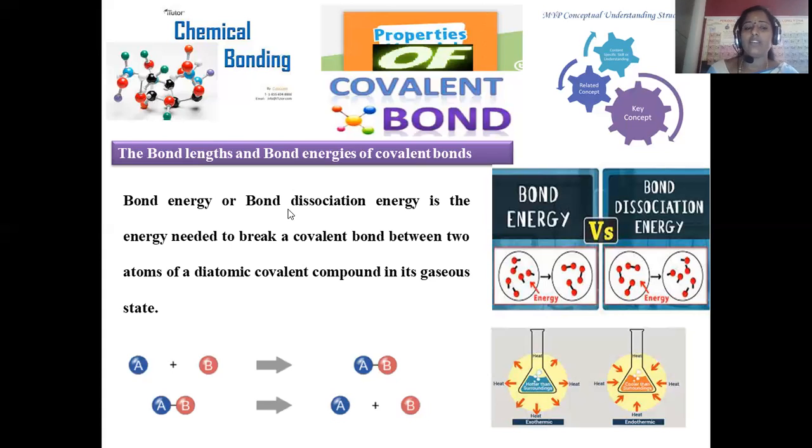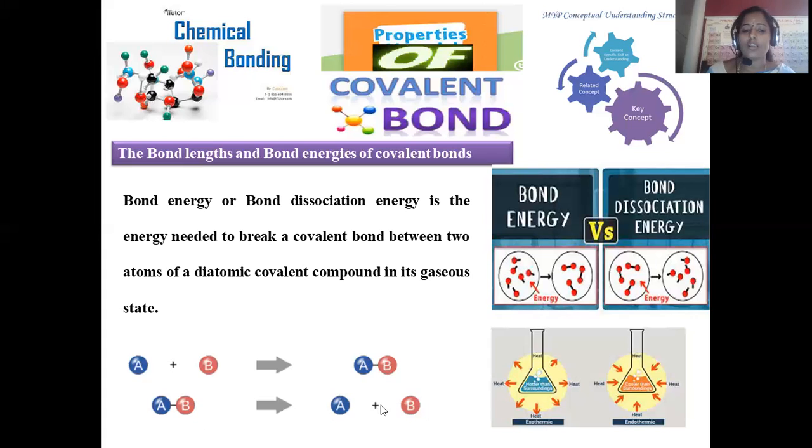Bond energy, alternatively known as bond dissociation energy, is the energy needed to break a covalent bond. You may also say it is the energy released to make a covalent bond between two atoms, for a diatomic covalent compound in the gaseous state. So both are regarded as bond energy. When individual atoms unite, the amount of energy liberated is the bond energy.